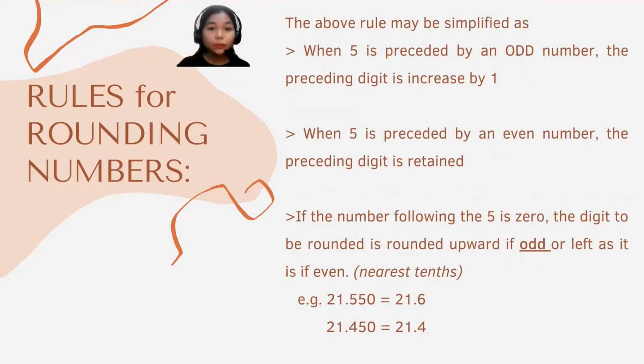So the rule I stated earlier may be simplified as: when 5 is preceded by an odd number, the preceding digit is increased by 1. Notice earlier that the number having the place value thousandths is 3, and beside that number is 5. 3 is an odd number. Thus, adding 1, it will become 4.